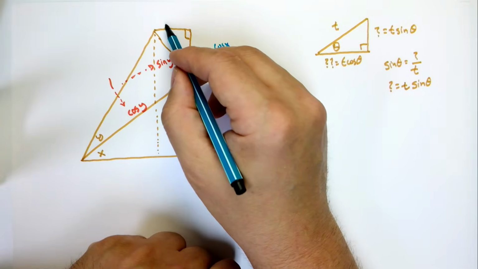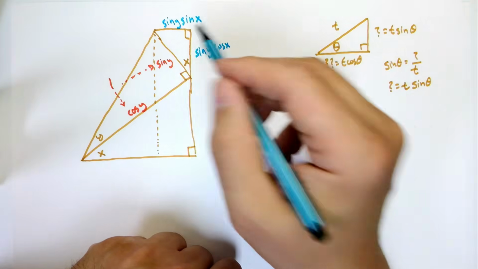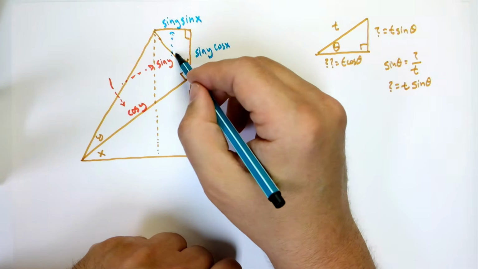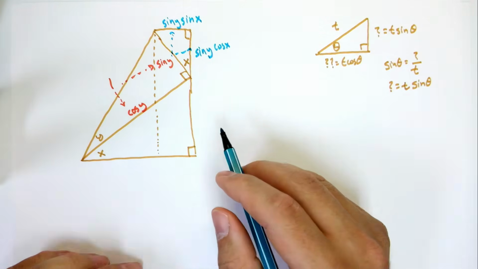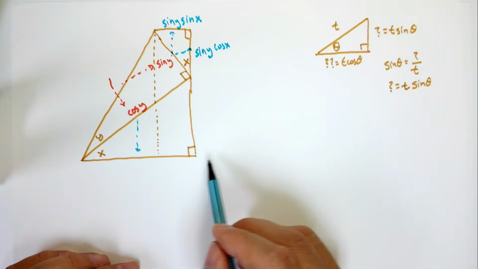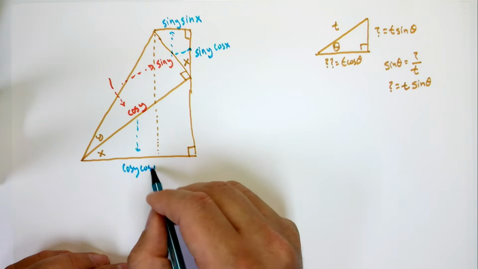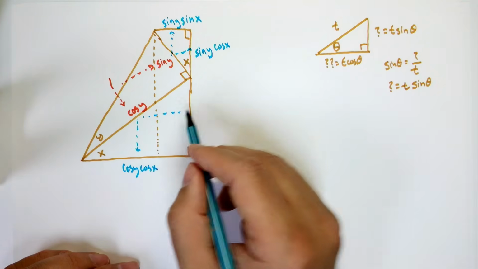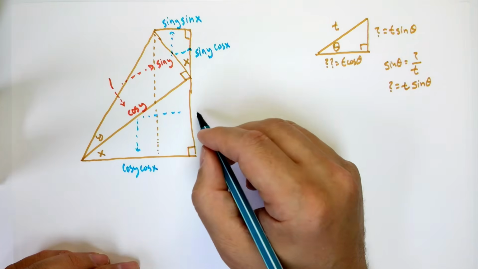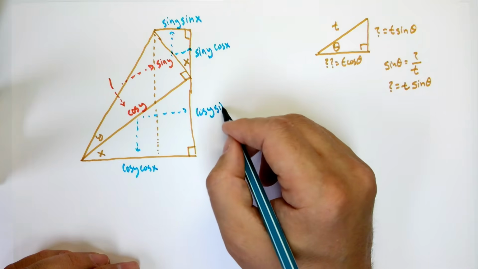Over the opposite side, it'll be sine y, sine x. So that we get these two pieces coming in. Similar process happens here. What we'll get is that this bottom length, the whole length across, is cosine y, cosine x, and this side length over here, which is opposite x, is going to be cosine y, sine x.